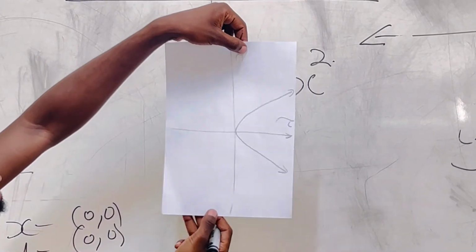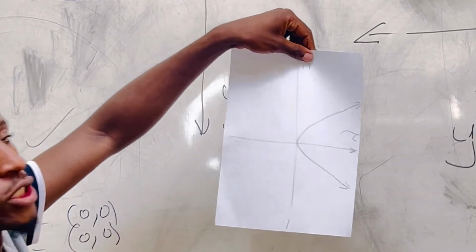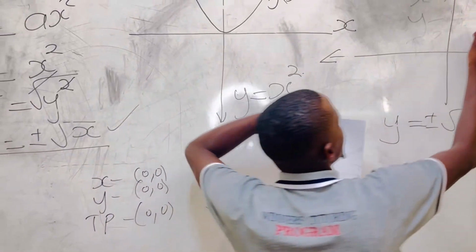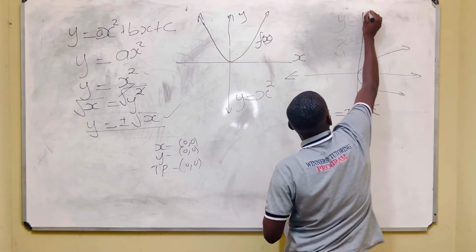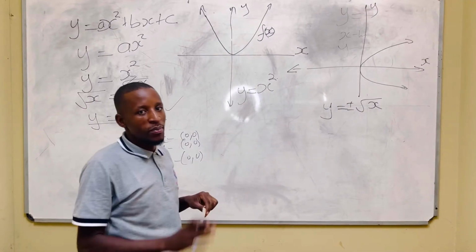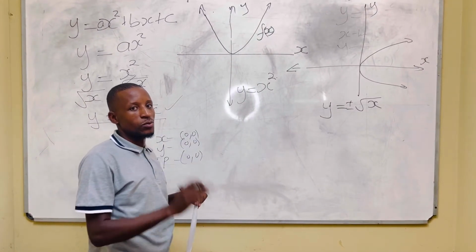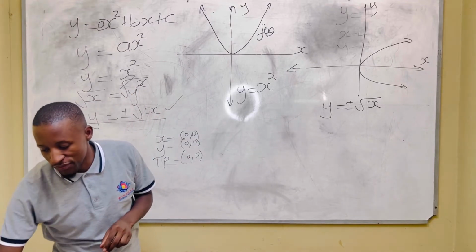If you tilt it to the right, its shape is going to be this one facing that direction. If you trace it, the shape of the inverse will be in this way. This will be our inverse. We call it Wiener's method. It's the paper method that you always get at Wiener's. So that's how you get the shape of the inverse.